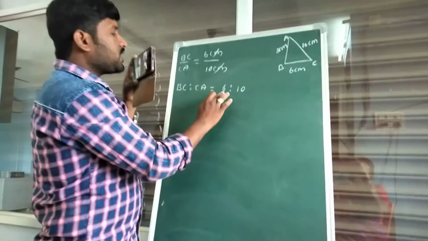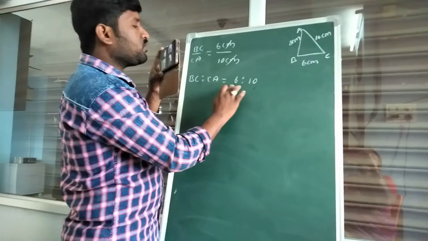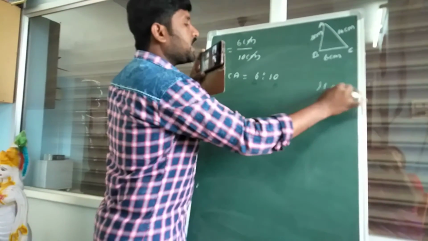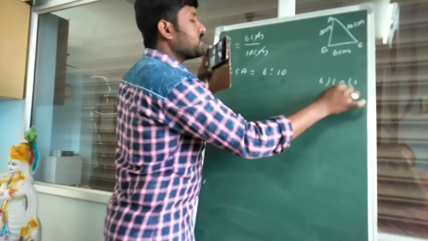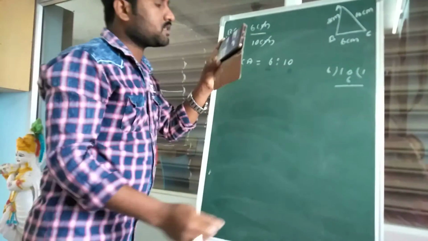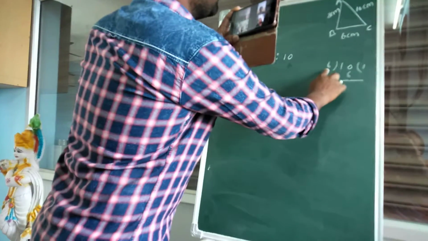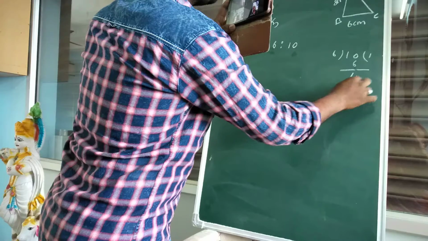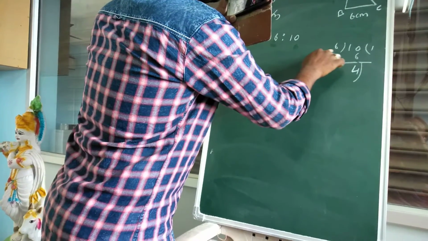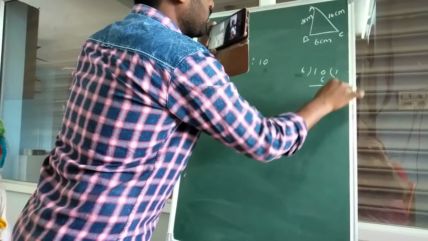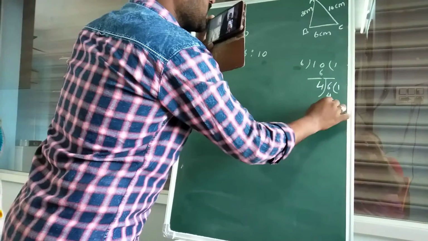Now what is the HCF of these two numbers? You can take like this: 6 1s are 6, 10 minus 6 means 4. Next this divisor acts as a dividend. 4 1s are 4, then minus means 2.